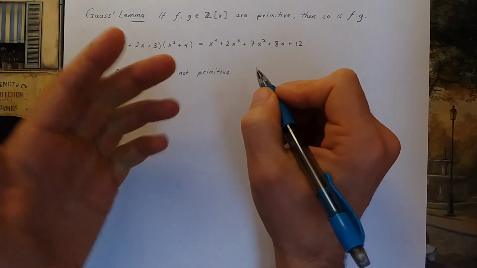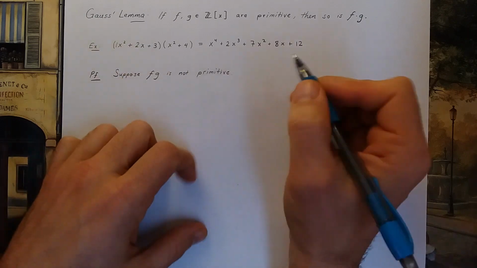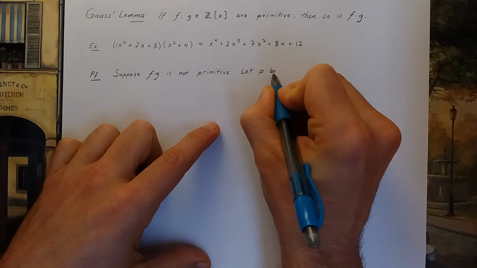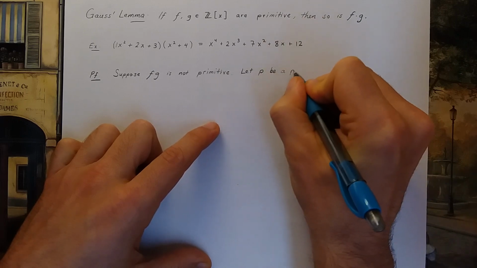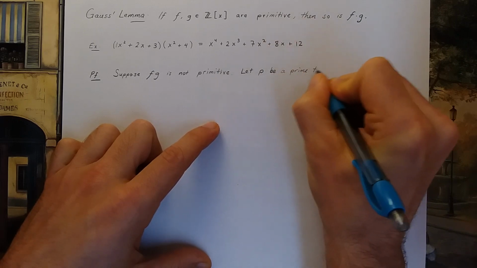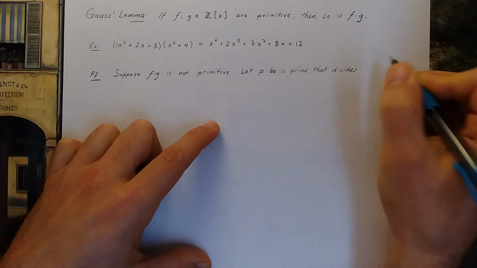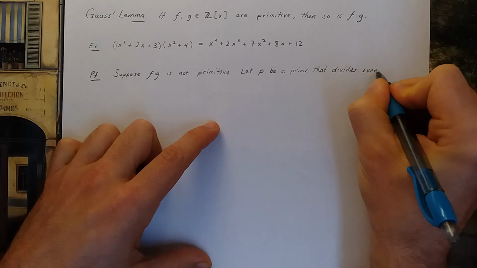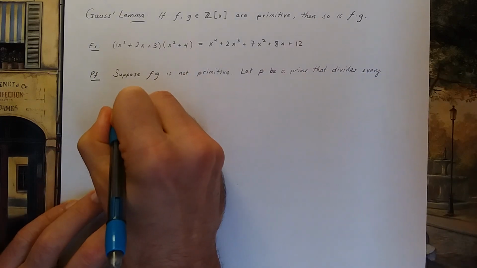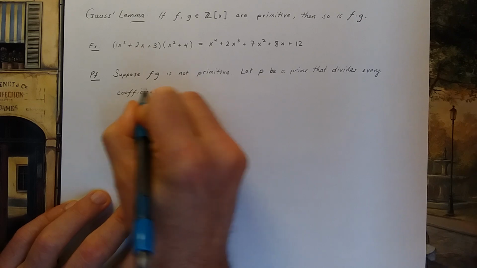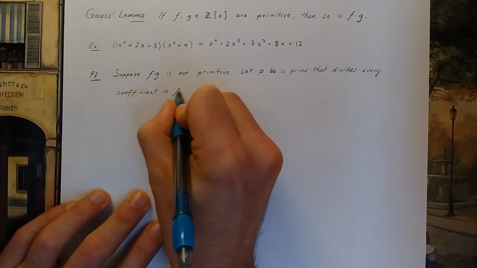That's not 1. A constant greater than 1 divides every coefficient. So I'm going to let P be a prime that divides every coefficient in FG.